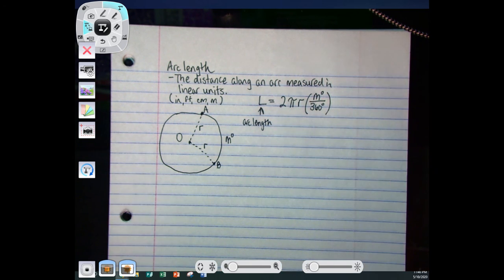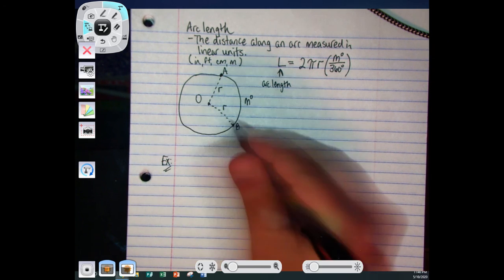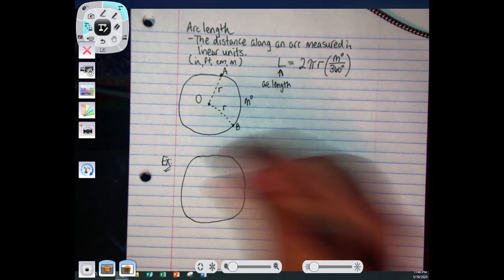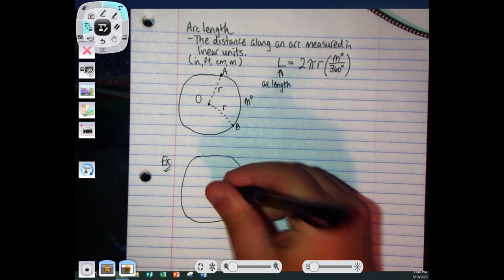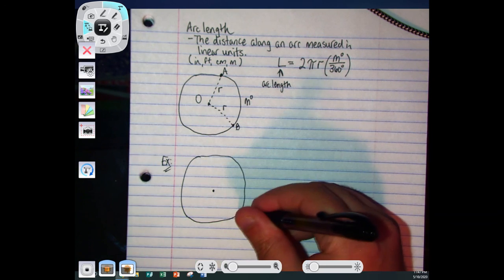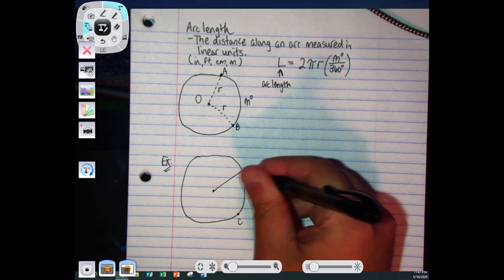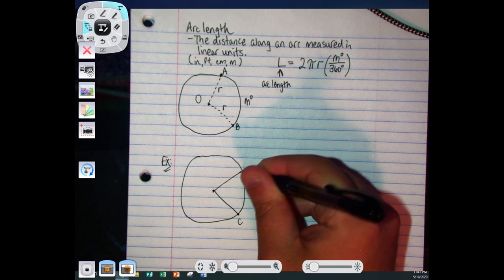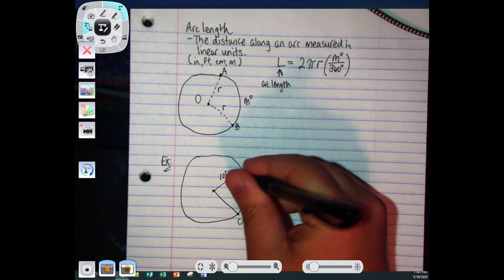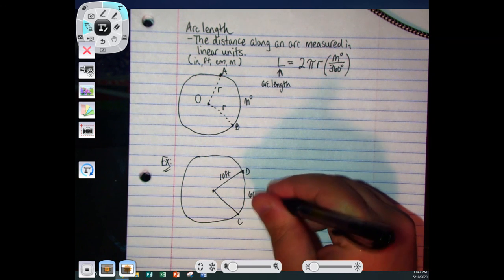For example, let's say I give you a circle. And again, my circles are horrible, but that's okay, these are just for demonstration purposes. Let's say I give you CD, and I tell you that the measure of the radius is 10 feet and the measure of the angle is 60 degrees.